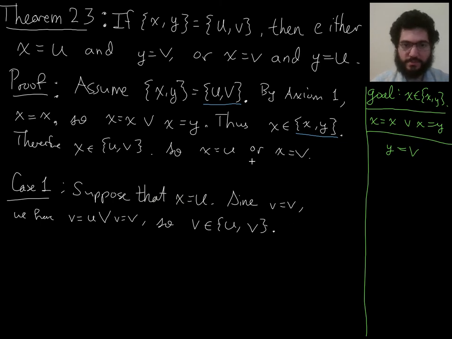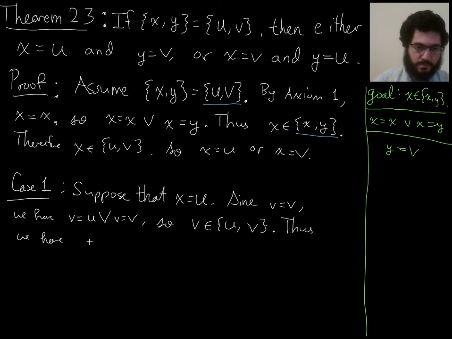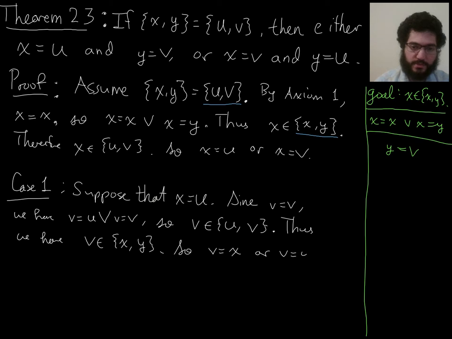Therefore, by axiom 2, since this is equal to this, we have that. So V equals X or V equals Y, using axiom 5 again to break down what this is saying.